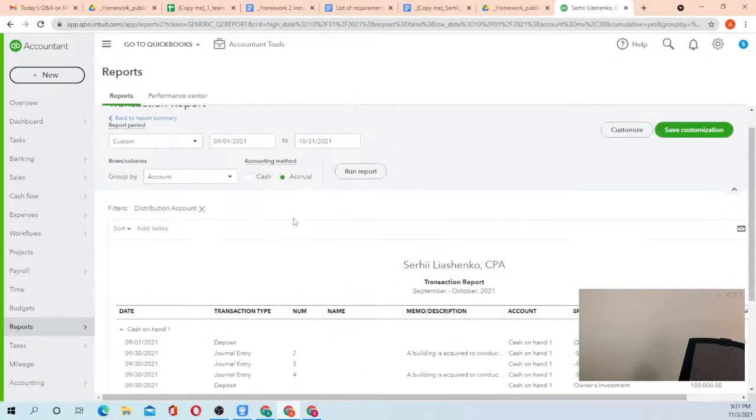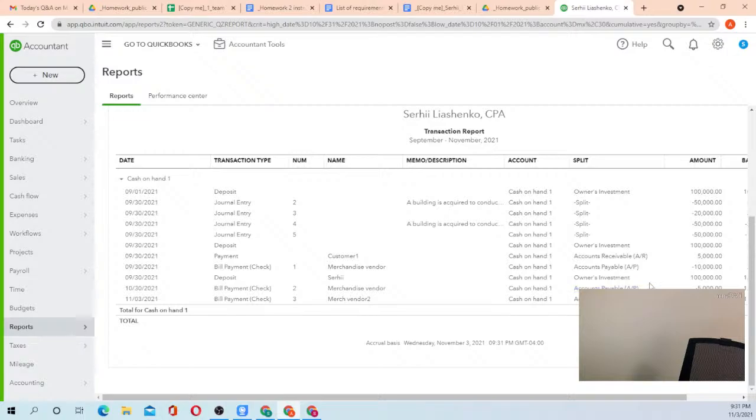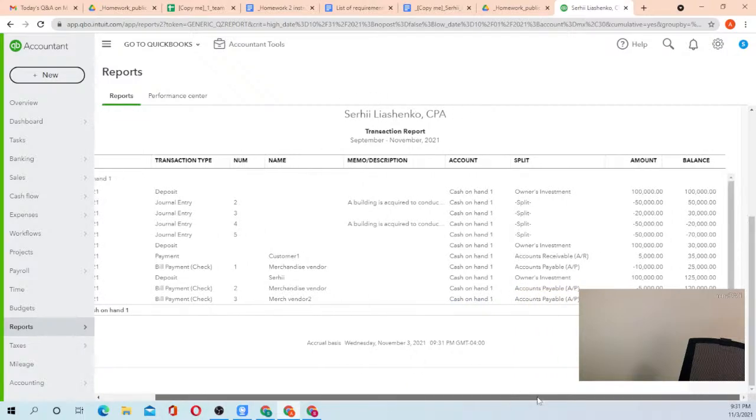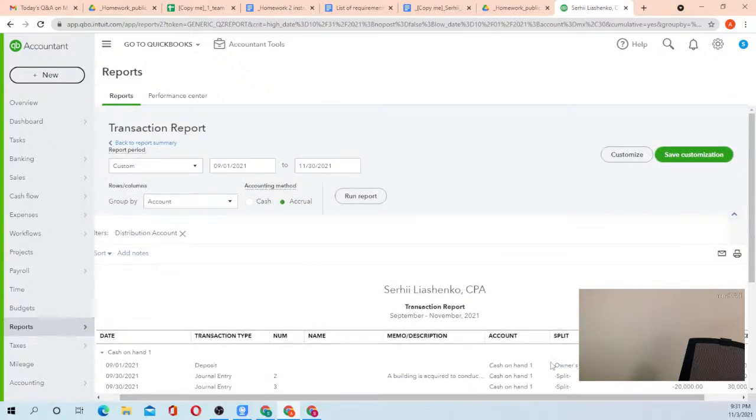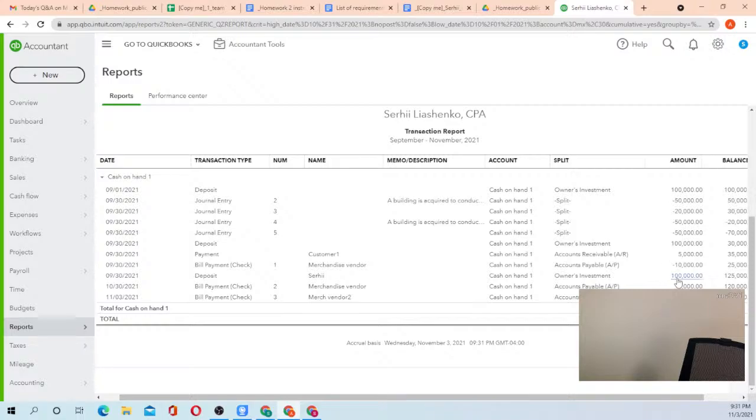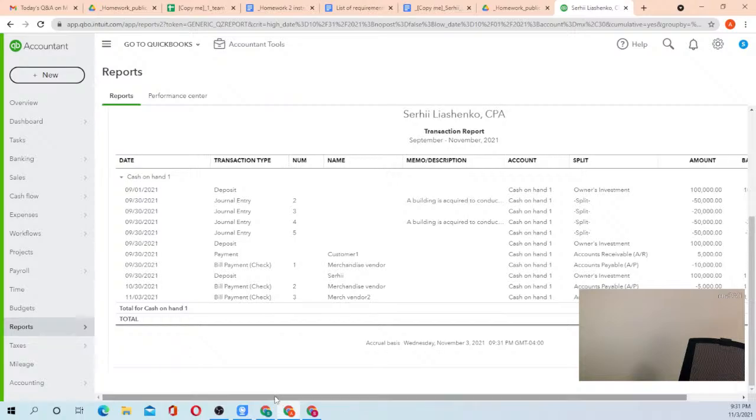We paid 2,500, and we did that in November. Yeah, so probably that was the situation I was seeing. So we paid in November. And here it is. We get a 100K deposit for investment, and we paid 50K in September for the building.